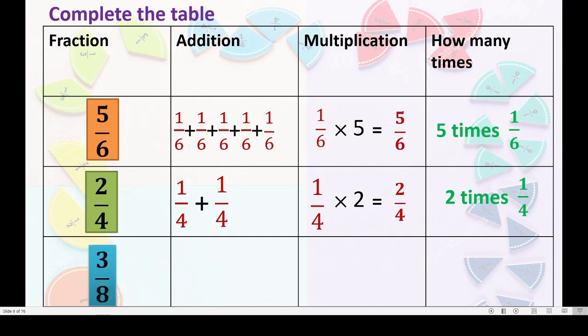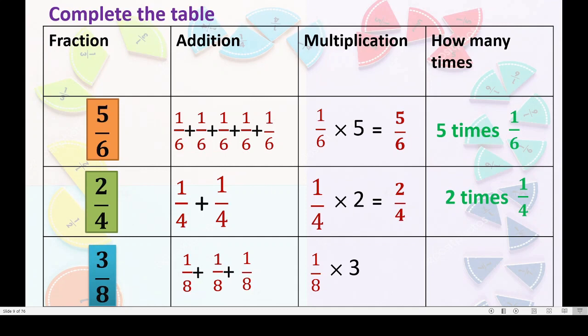Okay, one more. 3 upon 8. Come on, tell me what to add. Yes, 1 upon 8 plus 1 upon 8 plus 1 upon 8. 3 times because 3 is there in the numerator. Now here what will we write? 1 upon 8 multiplied 3 times, isn't it?